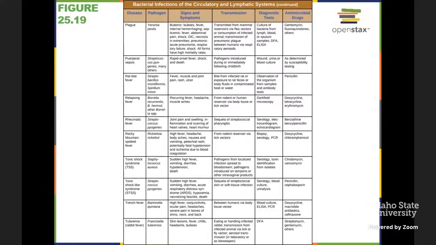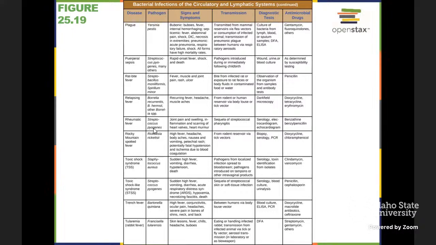Streptobacillus moniliformis and Spirillum minor are two of the bacteria that may be transmitted from that rat to us. So not only the bite, but exposure to feces, urine, contaminated food and water as a result of rats being on there has the potential to bring it to us. That's disturbing. All right, relapsing, we looked at.